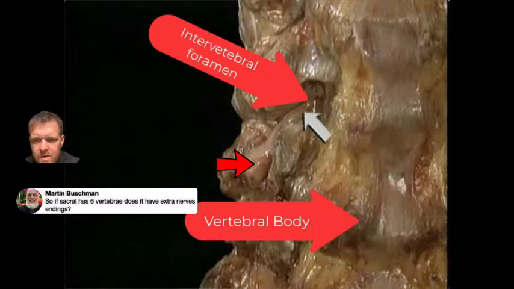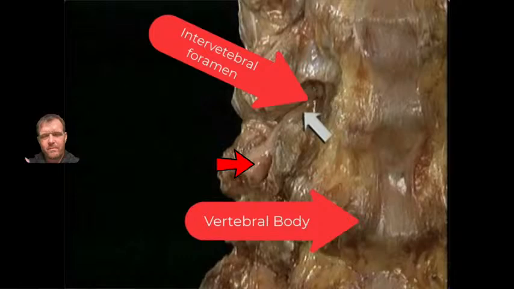Let's just bring this one up, Martin. So if sacral has 6 vertebrae, does it have extra nerve endings? Usually it will have 6 because the lumbars have 4. So it will usually have the same number, but they'll just be in a different place. Sometimes there may be more, but I don't know of anything specific actually.